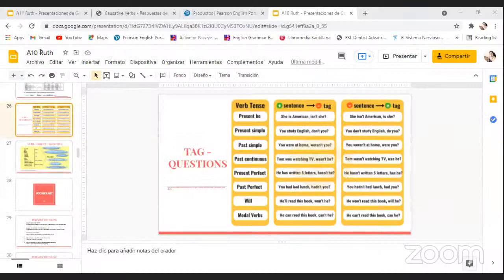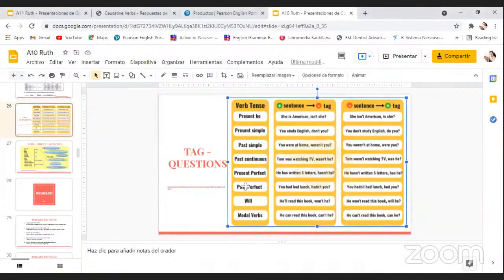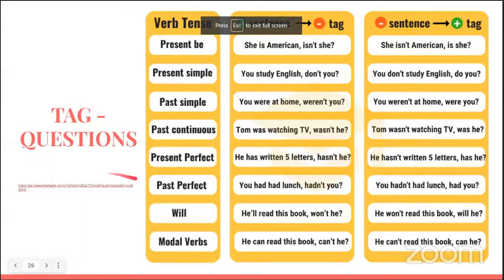So remember that when we were in model 10, we reviewed past perfect tense. In tag questions, we said this. Here, as you see, in the past perfect structure, the auxiliary is in the past, right? Have in the past. And here you said, you had lunch, hadn't you? Yes, this is the past perfect.